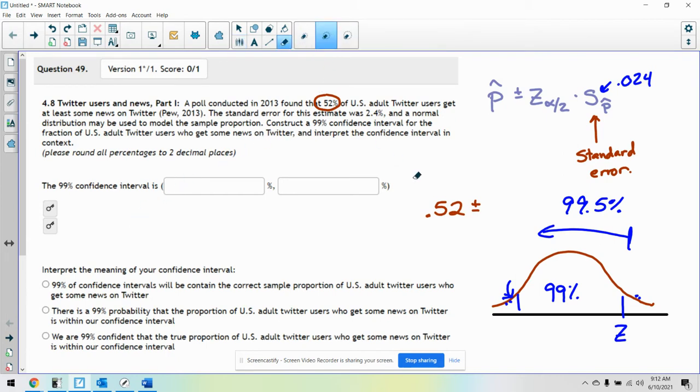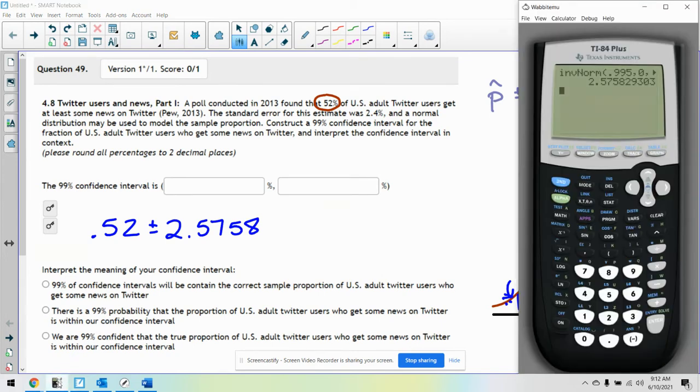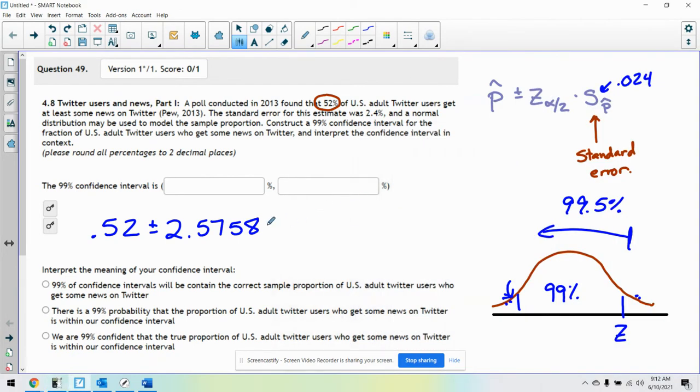Actually, I should move this over. Whatever, I'll just rewrite it. This is 0.52 plus or minus 2.5758. I think that's what it was. Yep, that's good enough, times my standard error, which is 0.024.